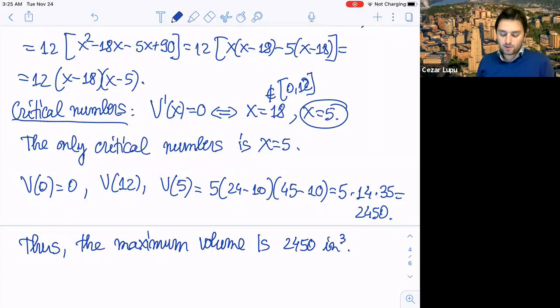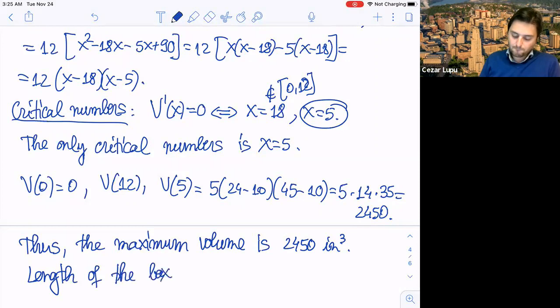And the length of the box is 45 minus 2x, which will be 35 inches.